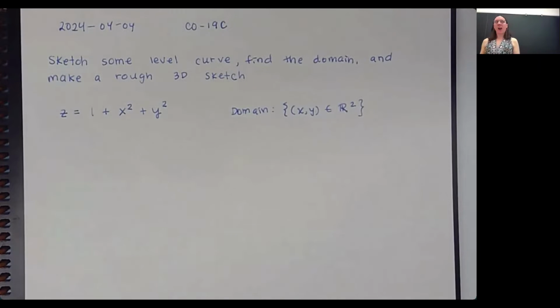If I want to get a rough idea of what's going on with a graph, level curves are a great way to do that. So I'm thinking about this function. One option is to plug in different values for z, or different values of our height.